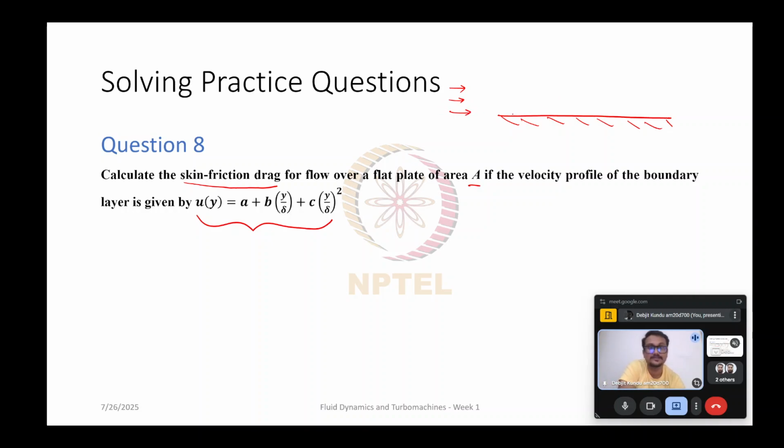So what happens is that this layer of fluid particles near the flat plate. Okay, one question. In math, you know what boundary layers are, right? Yes. So here, this is the fluid mechanics version of a boundary layer.